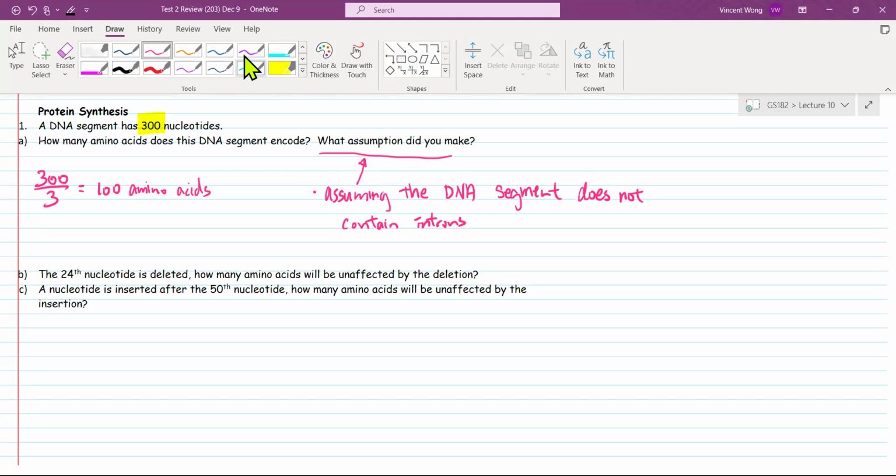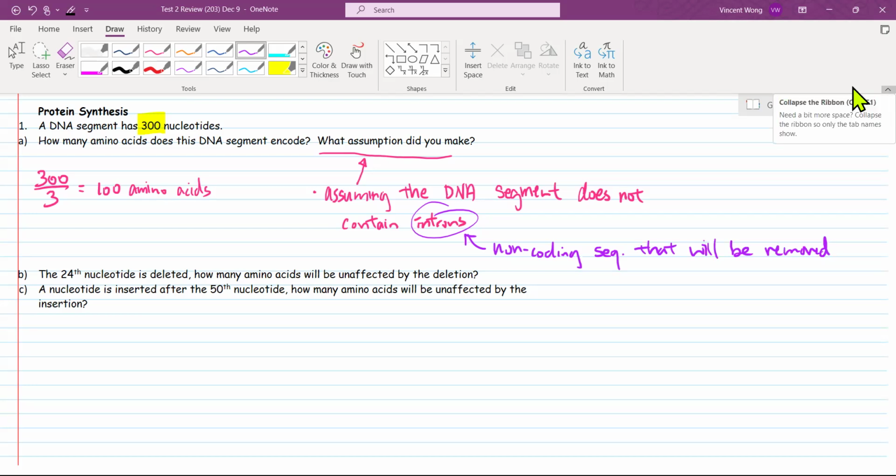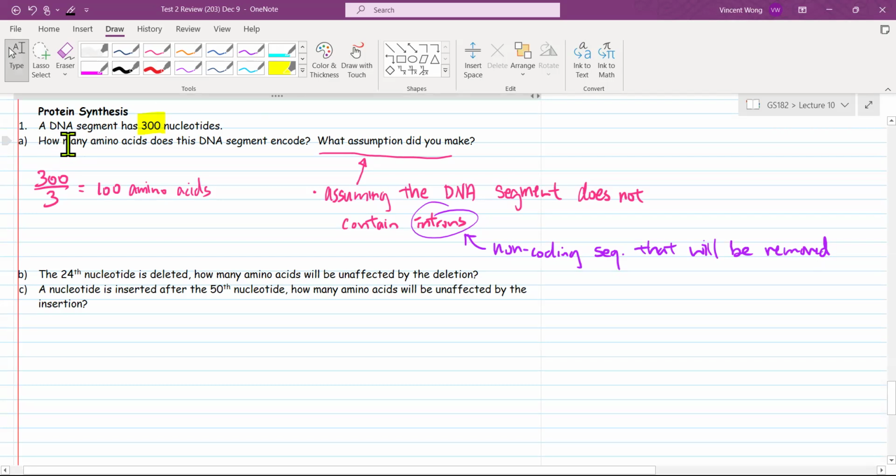Remember, introns are non-coding sequences that will be removed. So I guess what you can say is, if the DNA segment is 300 nucleotides, at most you will have 100 amino acids, assuming it does not have any intron in it. If it has introns, then it's going to be shorter than 100 amino acids.